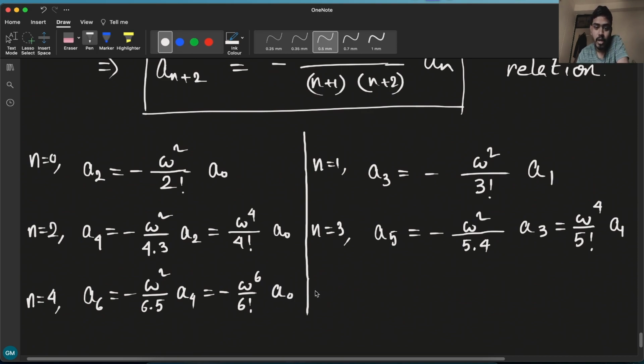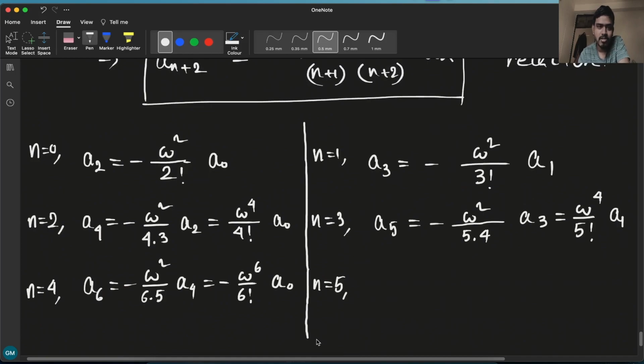Now if I put n equals 5, I think at this moment you can understand why I am using two different sides, putting the even terms in the left hand side and odd terms in the right hand side. It's because I am getting two different series.